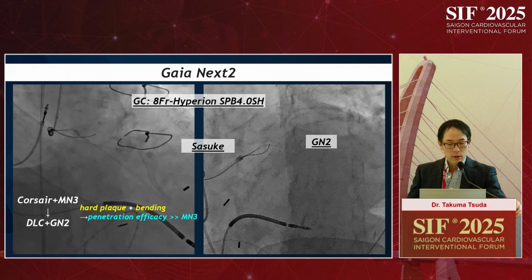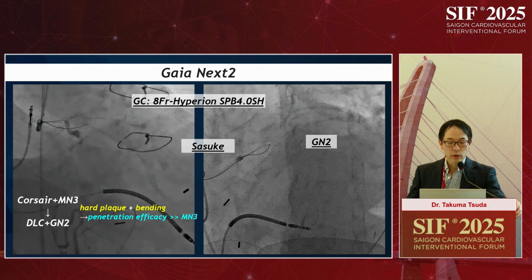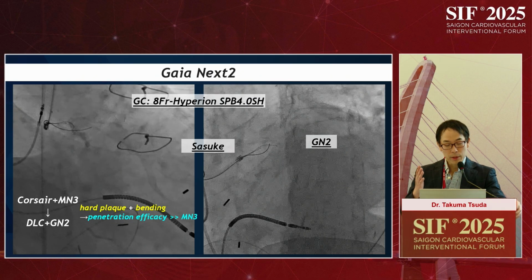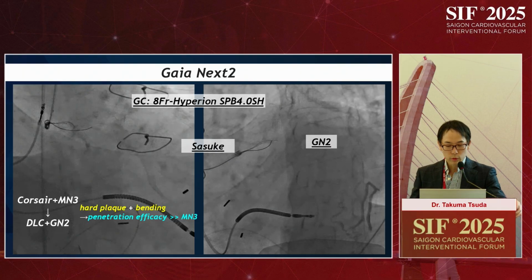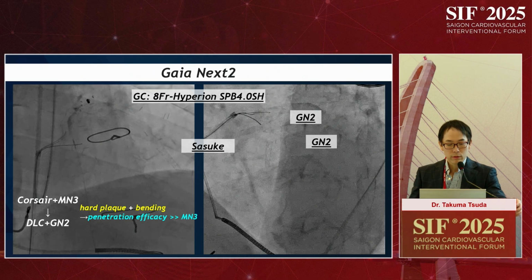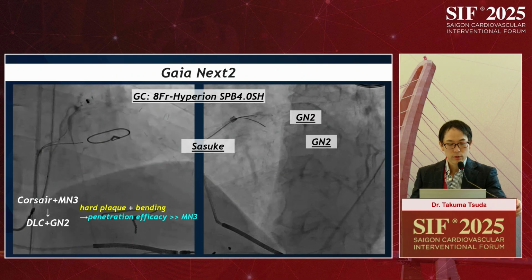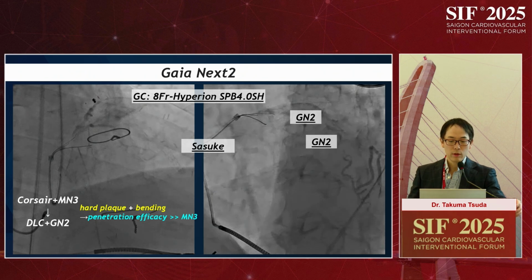So we needed an escalation of guide wire stiffness and penetration efficacy, so we stepped up to Gaia Next. But Gaia Next also went into the subintimal space. In the RAO cranial view and the LAO cranial view, it clearly demonstrates Gaia Next is inside the subintimal space.